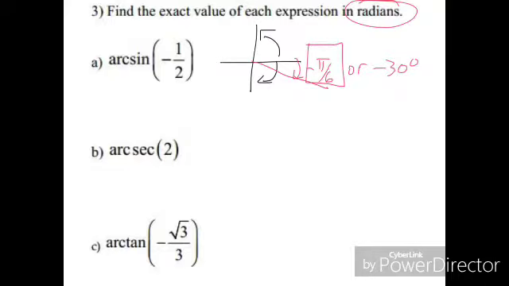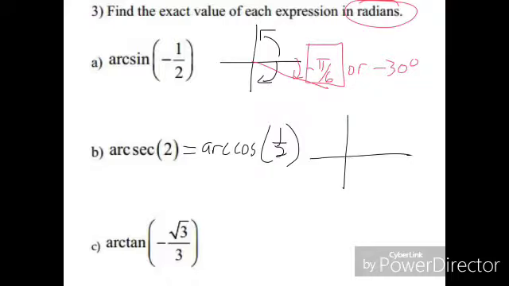Arc secant. So we want to think, I would do this. First off, that's arc cosine of 1/2. That's how to convert from arc secant to arc cosine, is flip the inside. Arc cosine lives here or here.